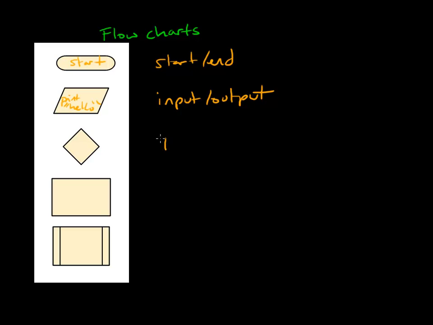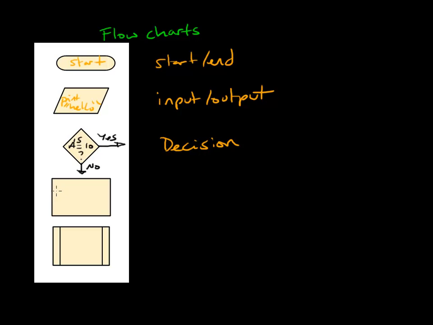This one here is a decision, and remember for these I will have coming out of it and label it a yes or a no, or it could be a true and a false. And then you write inside, so maybe is A equal to 10. And then we have processes here, so this is something which goes on inside the computer, inside the machine.